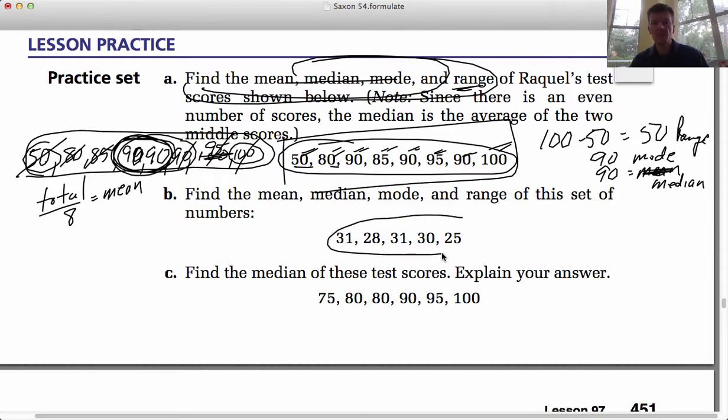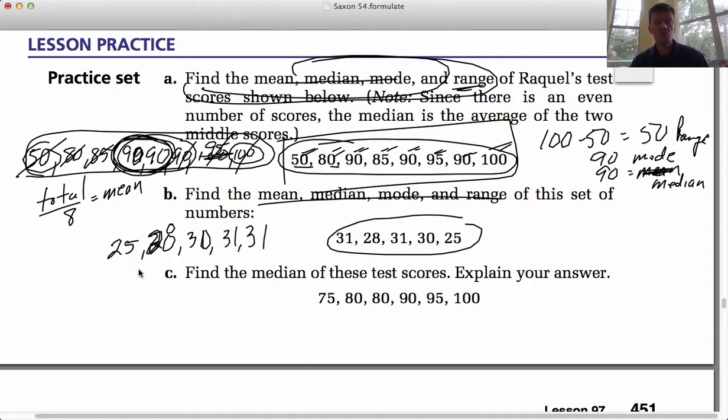So, same thing here. Let's just talk about them, and then I'll let you do them. We're going to find all 4 of these statistical values. First, put them in increasing order. Oh, I forgot one again. Sorry. Okay?